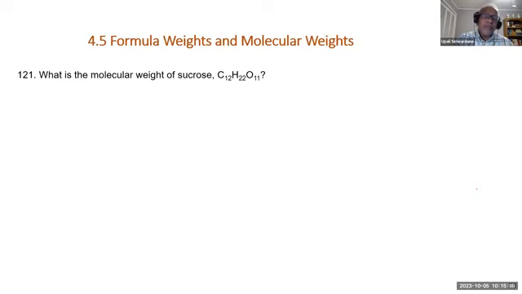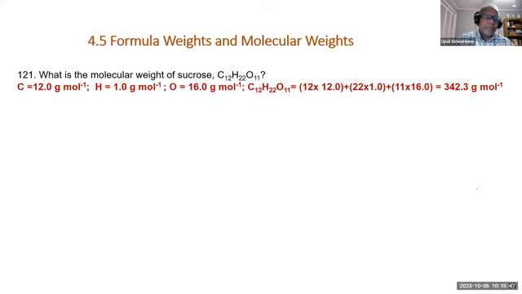How do you calculate the molecular weight of sucrose? Sucrose is sugar, C12H22O11. I look up in the periodic table. The average atomic mass for carbon is 12.0. Atomic masses in the periodic table are given in AMU, and AMU is the same as grams per mole.